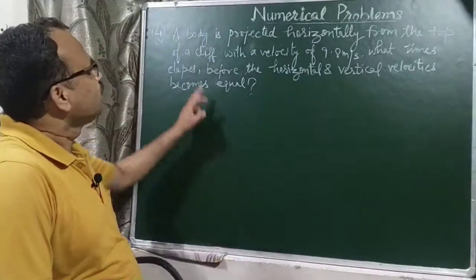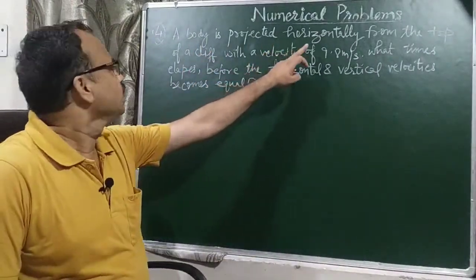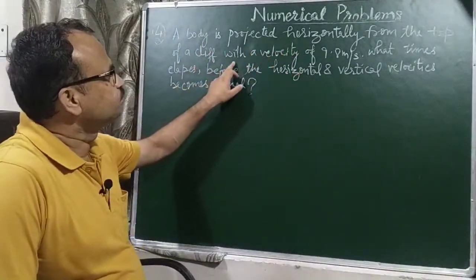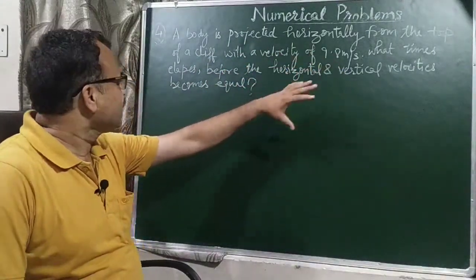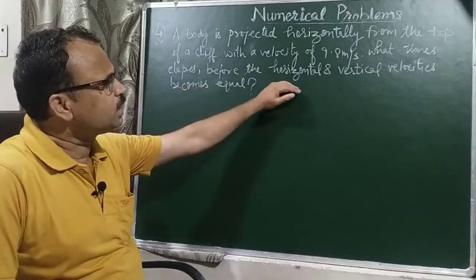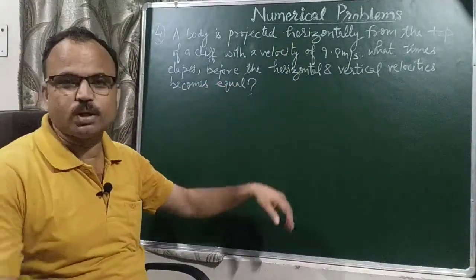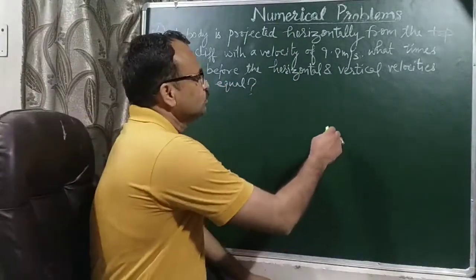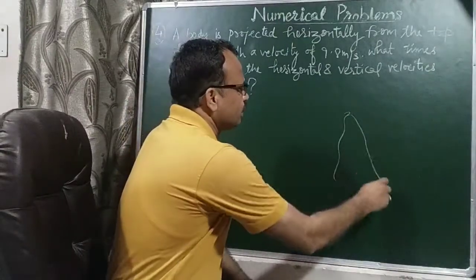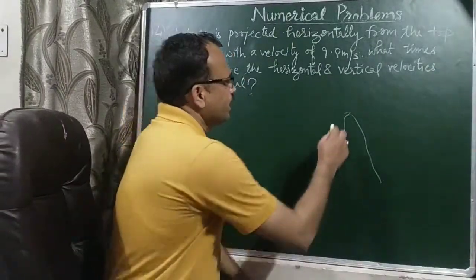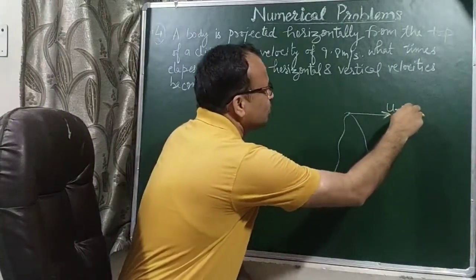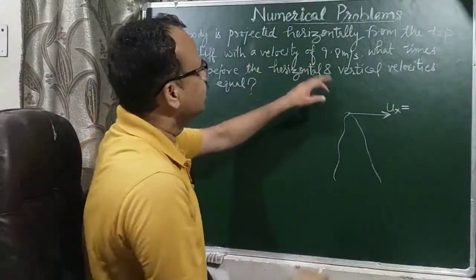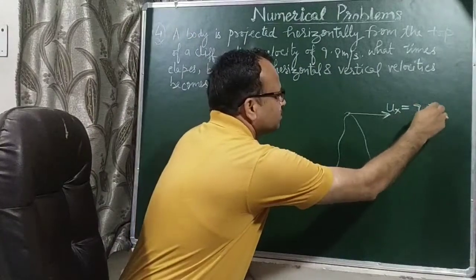The next problem. A body is projected horizontally from the top of a cliff with a velocity of 9.8 meter per second. What time lapses before the horizontal and vertical velocity become equal? Okay. So suppose this one is the cliff and a body is thrown horizontally, means ux equal to 9.8 meter per second.